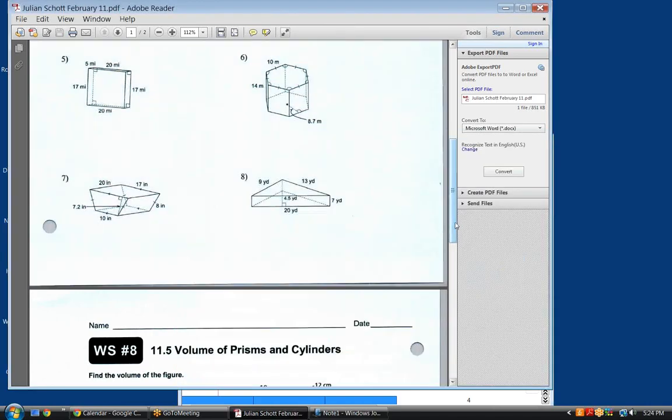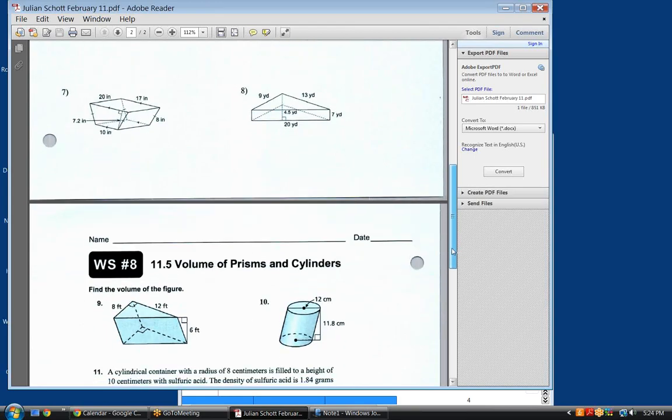Alright, let's look at 7. When I first looked at 7, I didn't think it was a prism. Because it looked like I don't know what this object would be, where this bottom base that it's sitting on looks smaller than this top base.